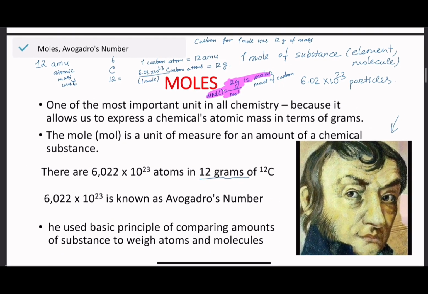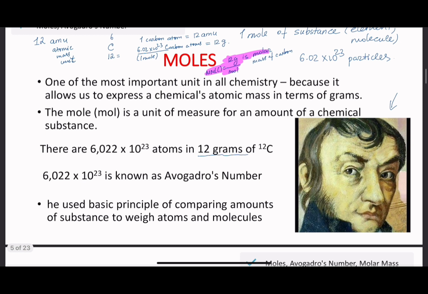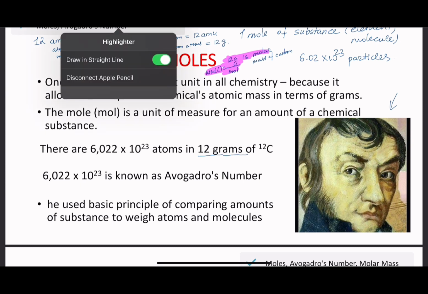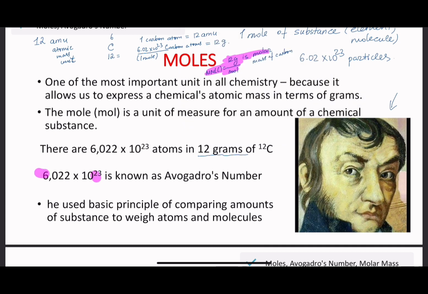Now we continue with what is given to us. So you know that Avogadro has this number, and we say that any particles like this many atoms gives you 12 grams of carbon, which you can see from the periodic table.